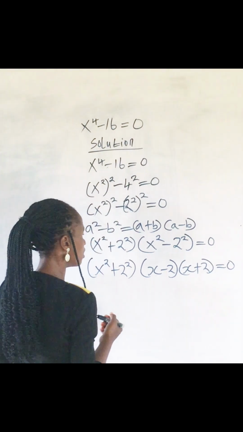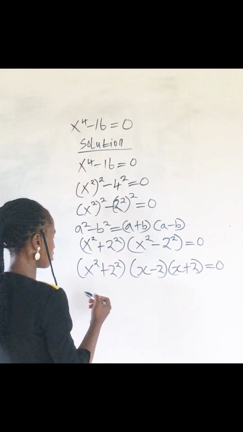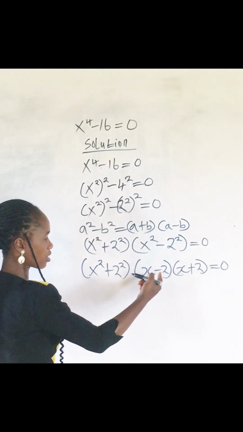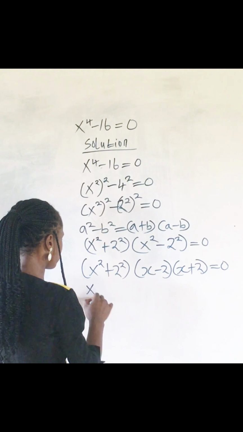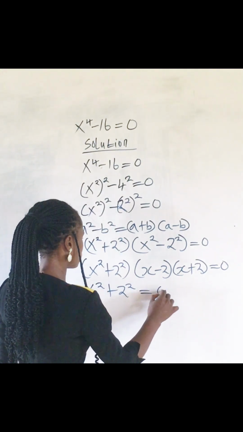So now, to get the values of x, we have to take each one of the equations in the bracket. Let's pick the first one: x squared plus 2 squared equals 0.